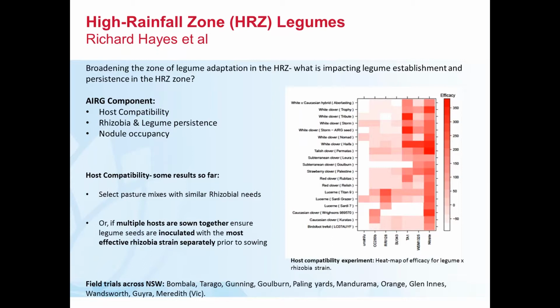This sort of host compatibility becomes one of the reasons why you may see variations in nitrogen fixation in the field. So far, we're suggesting that you select pasture mixes that have similar rhizobial needs, or if you're going to sow multiple hosts together, to ensure that legume seeds are inoculated with the most effective rhizobial strains separately prior to sowing.